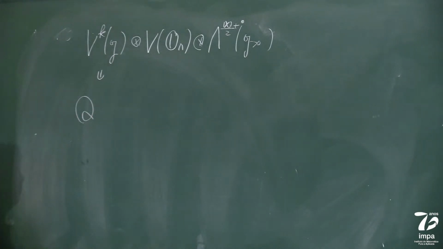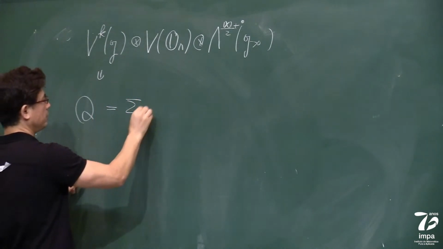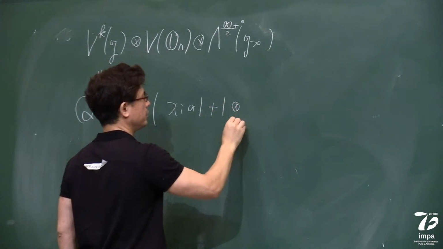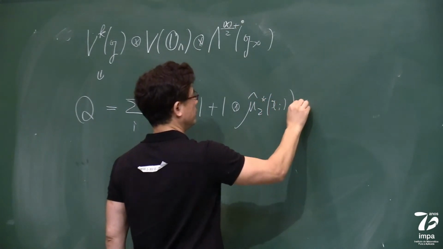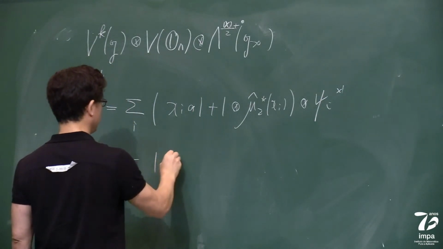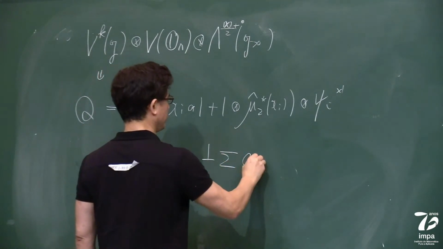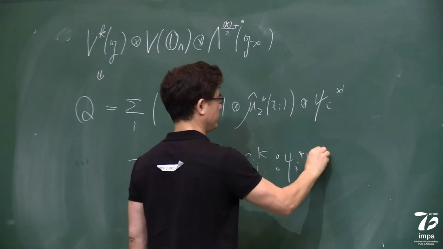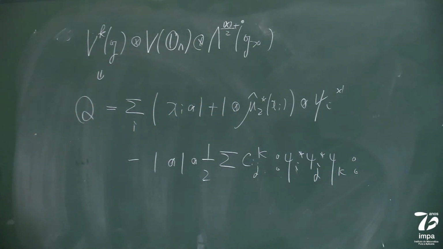Actually, this is defined by the same formula. So Q is defined by xi tensor 1 plus 1 tensor mu 2 hat star xi, tensor psi star, minus 1 tensor 1 tensor C ijk psi i star psi j star psi k. But this time I think of it as an element of the vertex algebra.